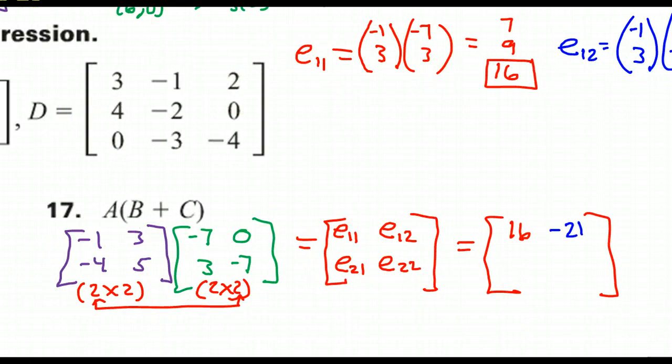All right, let's do it again. This time, let's find element 2, 1. Element 2, 1 is row 2 times column 1. That's -4, 5, and -7, 3.